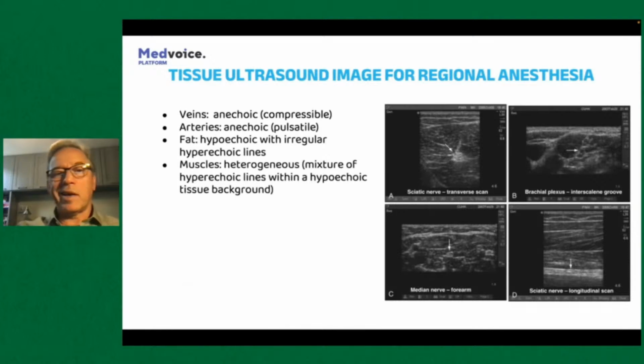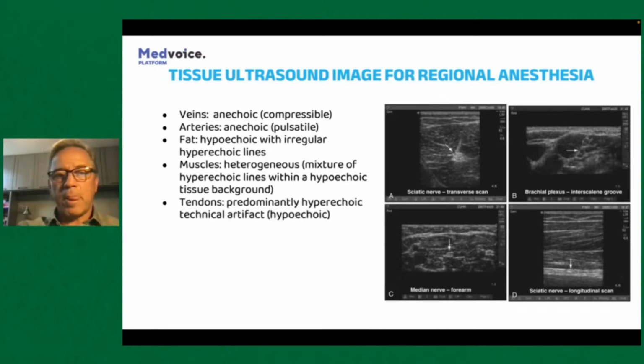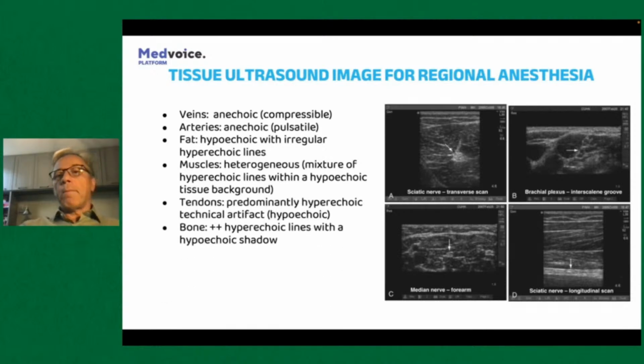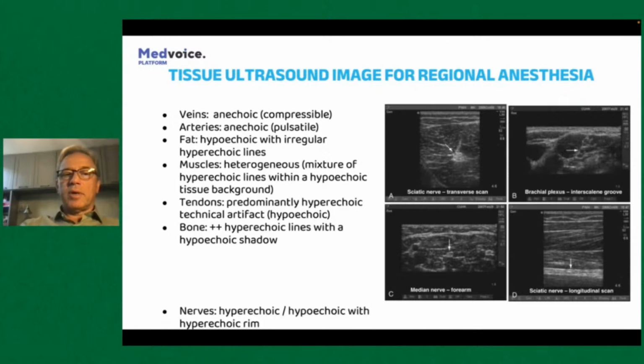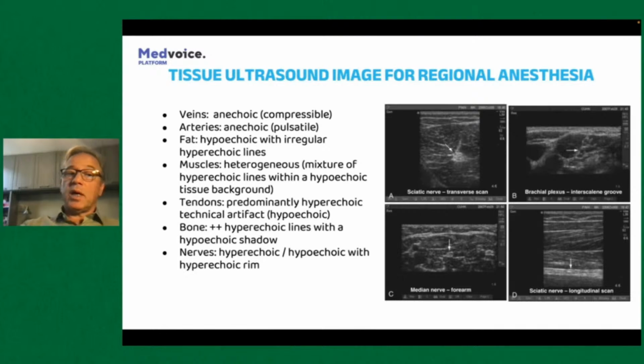Muscles are a mixture of hyperechoic lines with a hypoechoic tissue background, because within muscles we have tendons. Tendons are predominantly hyperechoic, predominantly white, and bones are hyperechoic with hypoechoic shadows. And nerves could be hyperechoic and hypoechoic with a rim around them.